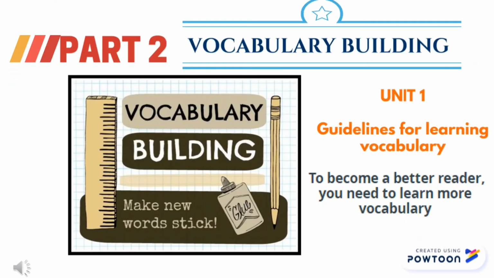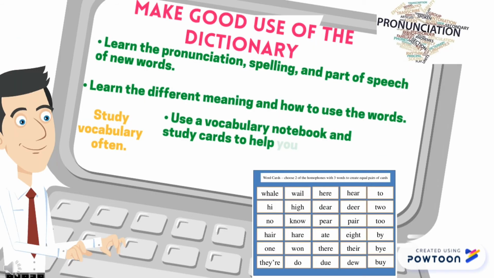In part number 2 about vocabulary building, in unit number 1, we talk about guidelines for learning vocabulary. To become a better reader, you need to learn more vocabulary. It's important to make good use of the dictionary, to learn the pronunciation, spelling, and part of speech of new words. Here we have the example in the picture.